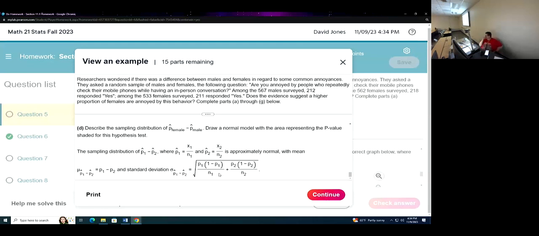View an example is really helpful if you're going through it and you get stuck on a part. Just fast forward through the view and don't do help me solve this. Help me solve this will continue helping you with the current problem and make you do a whole other one. But if you're just stuck on one idea and you don't know what they're asking, or what this formula is, and the instructor didn't go over the formula and you want to get it knocked out, just look it up over here. You can literally punch this in exactly as is on a calculator if you've got a parentheses key, and get the answer.